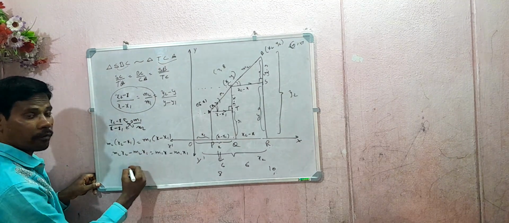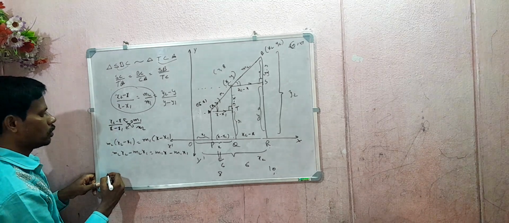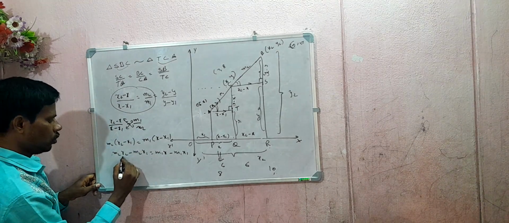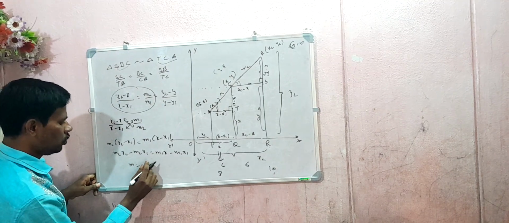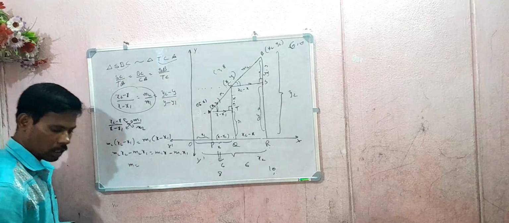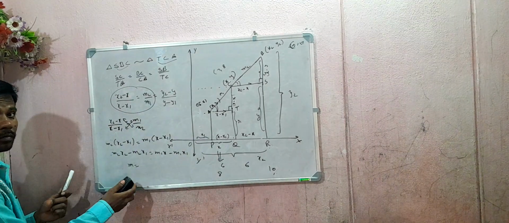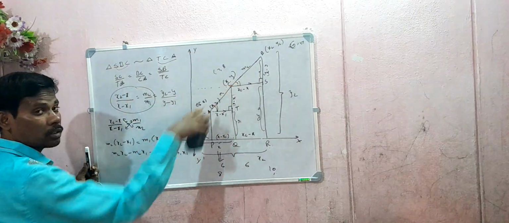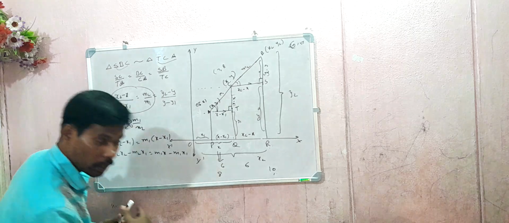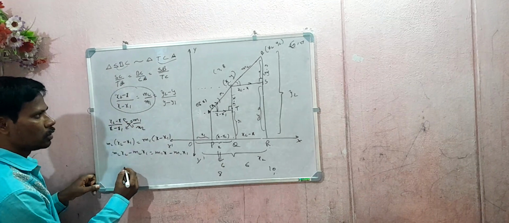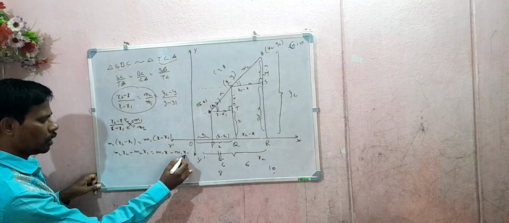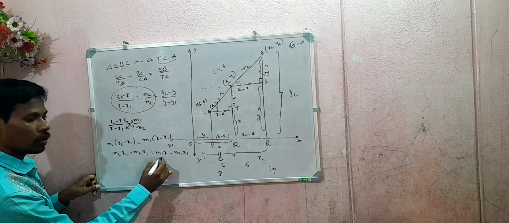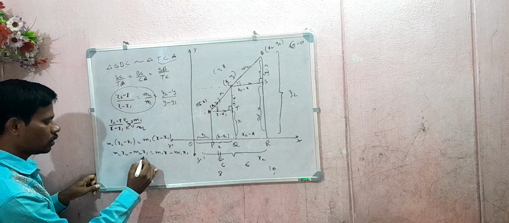We want to calculate the x value, not m, because we are finding this x value, m is already given. So for the x value, what you will do, bring all x terms to one side and other terms to another side.